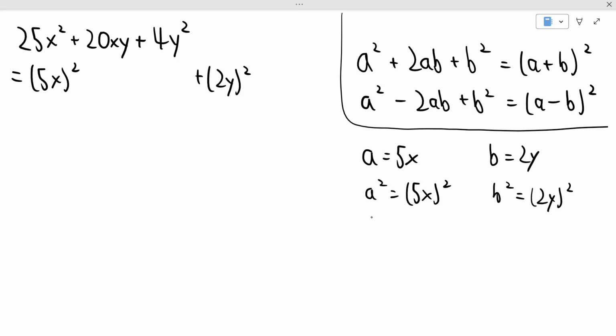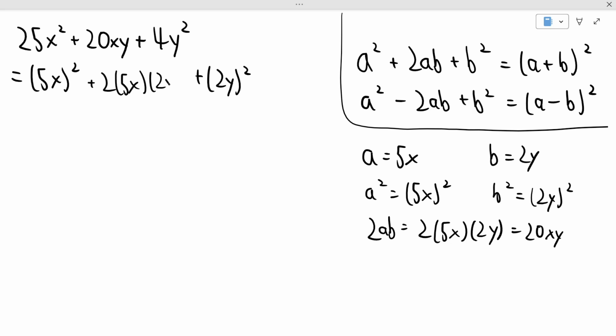So this means the value of 2ab is simply 2 times 5x times 2y, which equals 20xy, and we'll notice that this is the same as the second term in our expression. So we can rewrite 20xy as 2 times 5x times 2y.